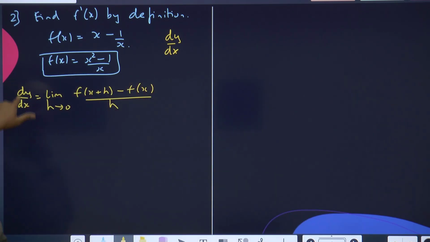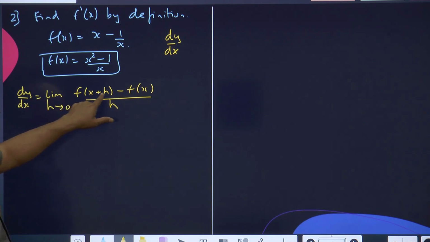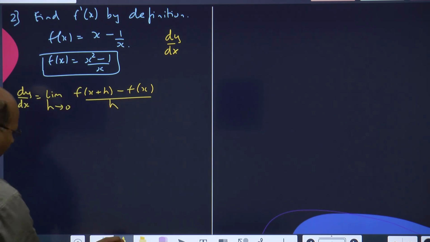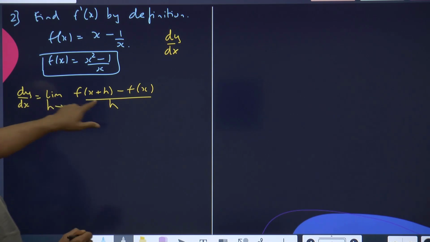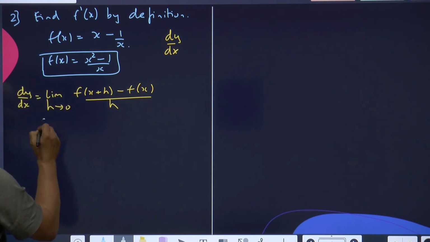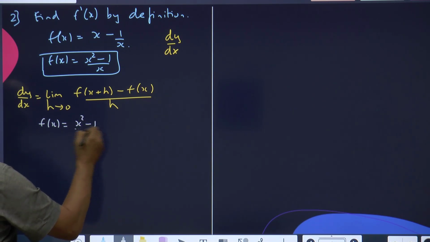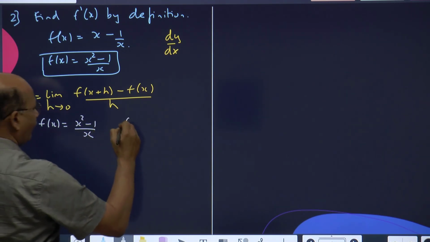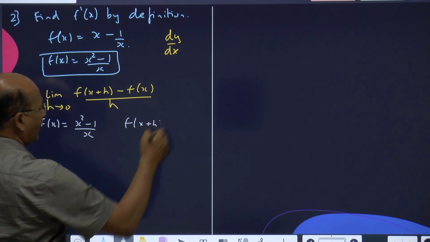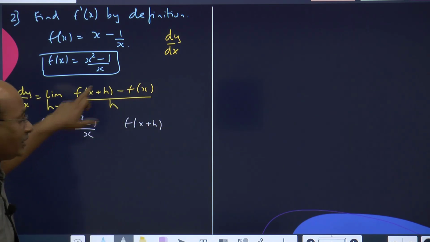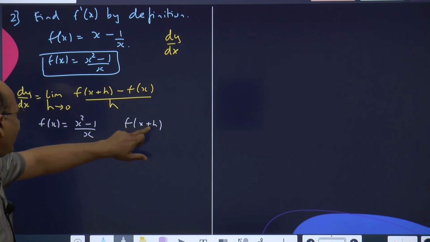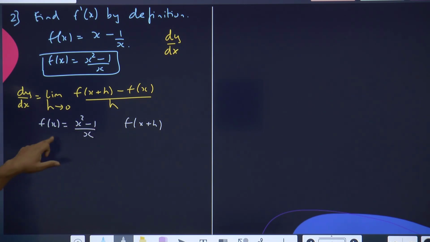As I said, to find dy by dx, I need f of x plus h and f of x. What is given to you here? F of x is x square minus 1 upon x, and f of x plus h I also need to substitute in this formula. Now understand, f of x is already given to you.